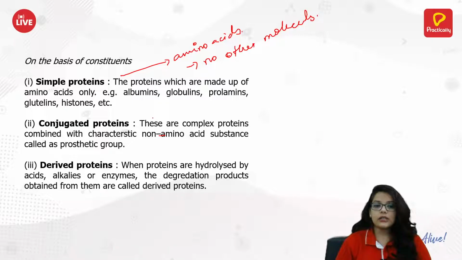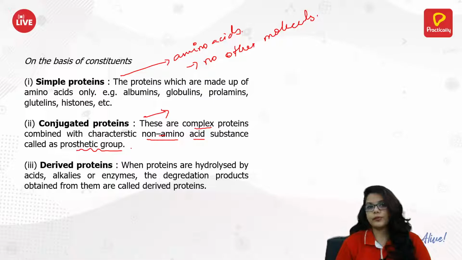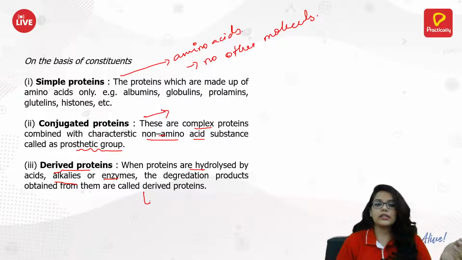Now there are conjugated proteins. They are complex proteins combined with a non-amino acid substance, such as a prosthetic group. And then there are the derived proteins, which are the products hydrolyzed by acids, alkalis, enzymes. Okay, these are proteinaceous only, but they are derived from a mother protein.